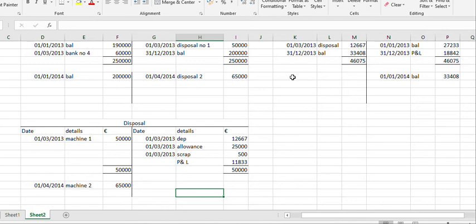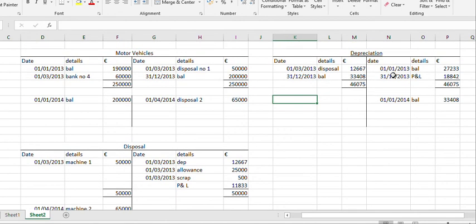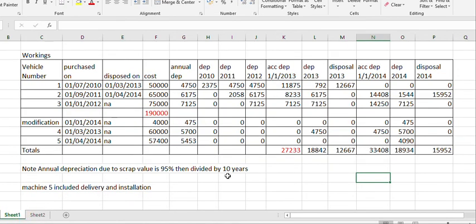When you dispose of anything, you must dispose of its depreciation. So we go up to the depreciation account. First, on the debit side, 1st of the 4th, 14, machine 2, and the depreciation, if we go back to our workings and we look at 2014 disposal, machine 2, 15,952.